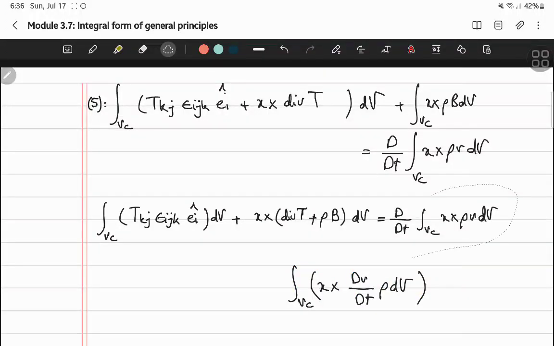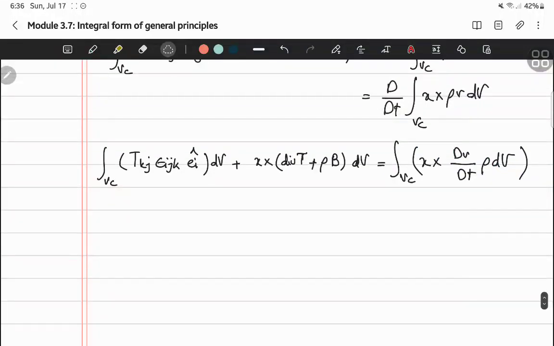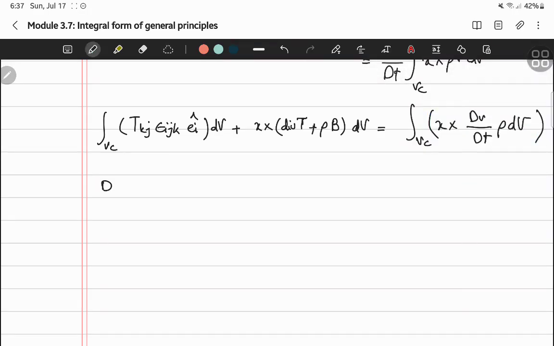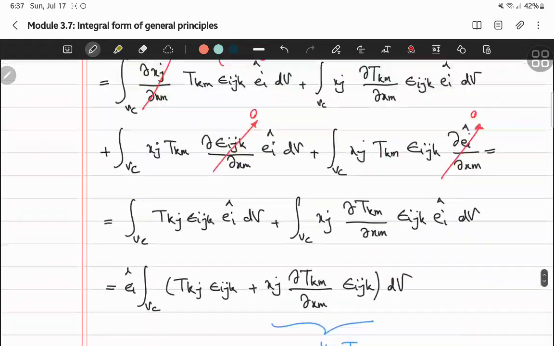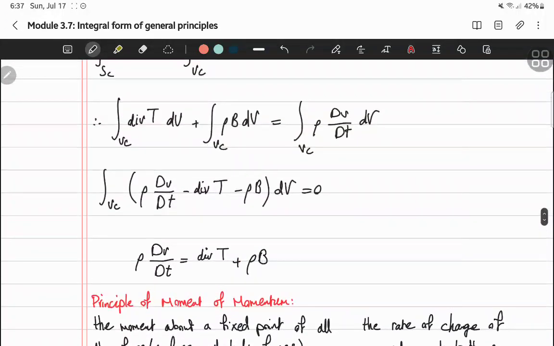So if I take everything to the right hand side, then I'm going to have d/dt. I forgot this d/dt, and let me check if I missed it here or not.